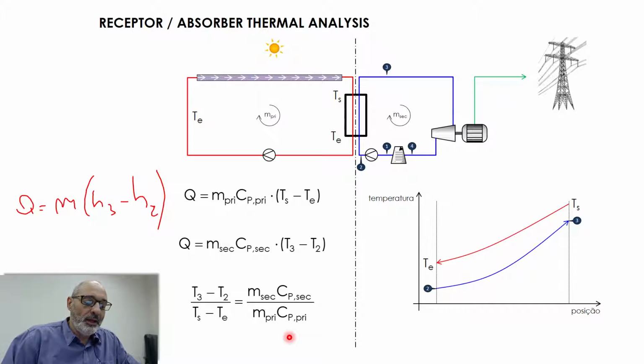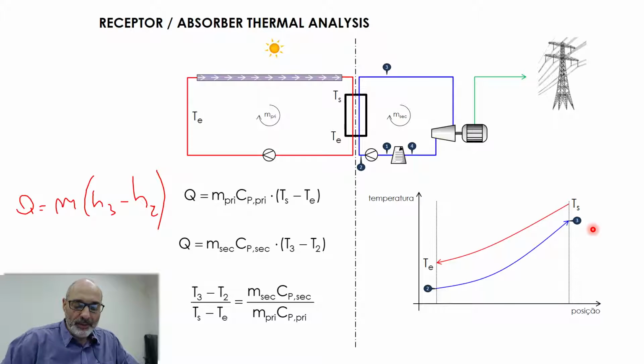If I look at the temperatures, the hot fluid releases heat, so its temperature decreases from Ts to Te. The blue fluid is the cold fluid. It receives heat, so its temperature increases from T2 to T3.